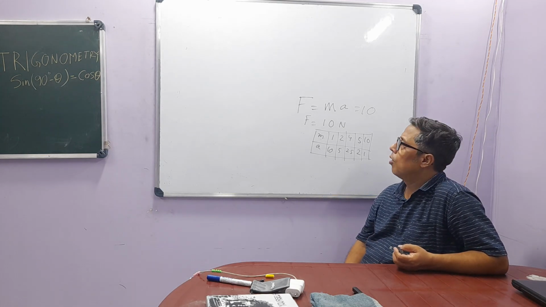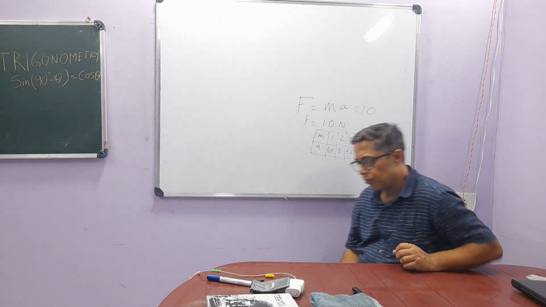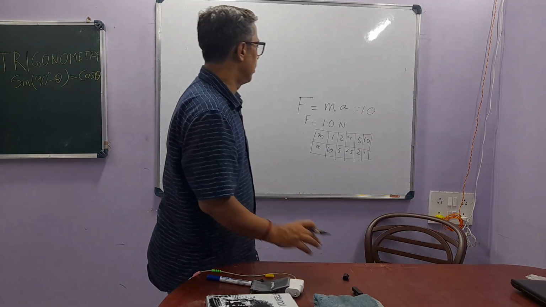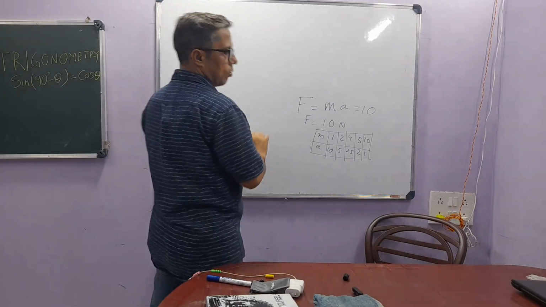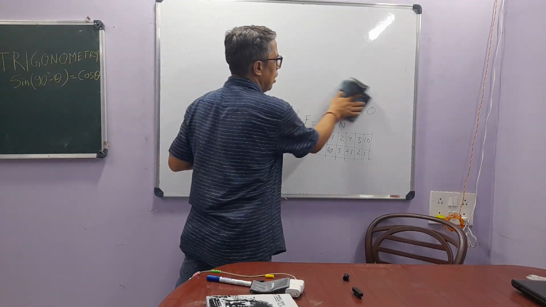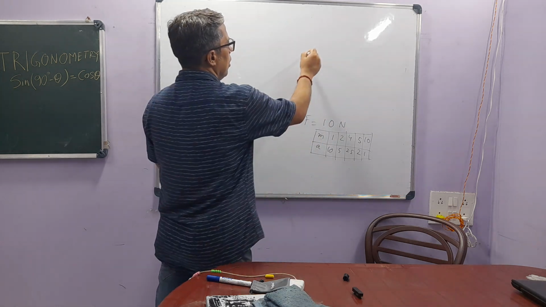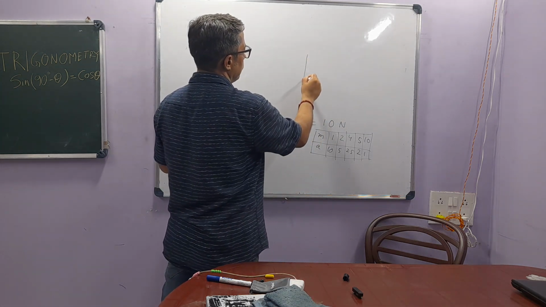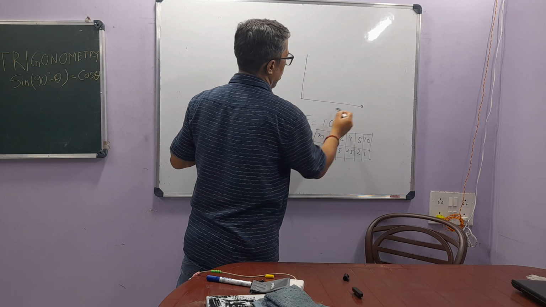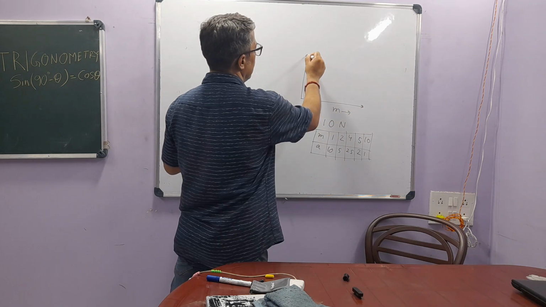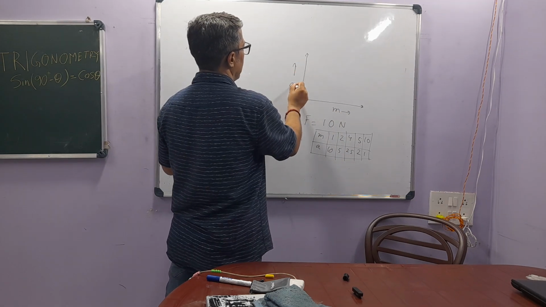Now let's plot this graph over here. We'll get the details. Okay. Now if we draw here, force is equal to mass into acceleration. Let's say mass is on the x-axis and acceleration is on the y-axis.